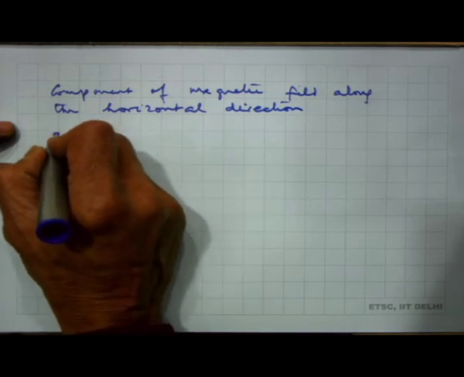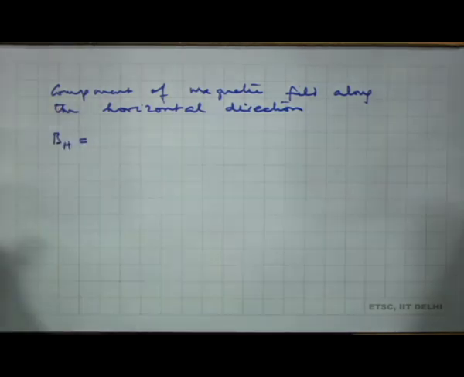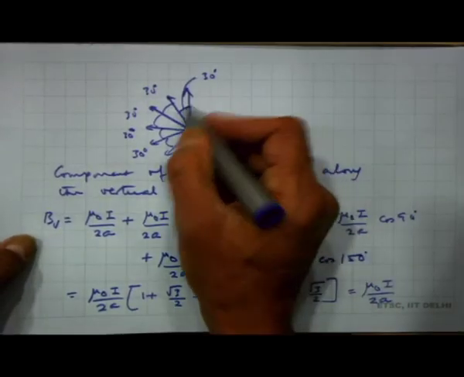So, B H, now instead of cosine I will have sine functions, horizontal components are all sine.